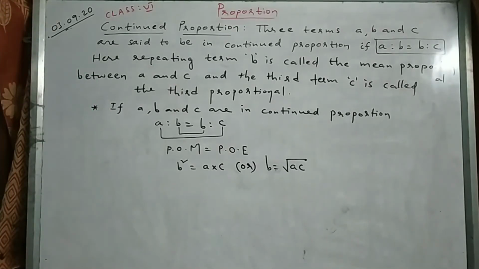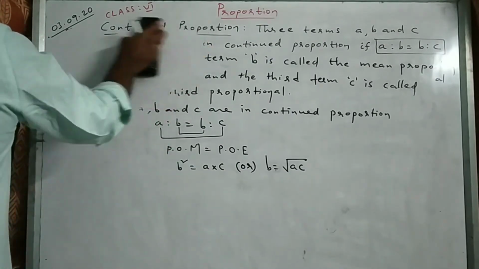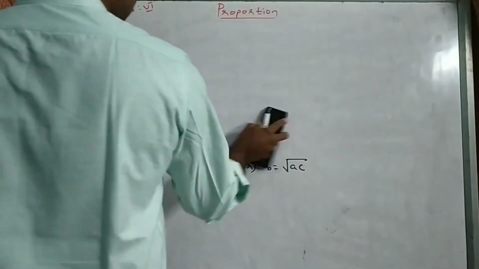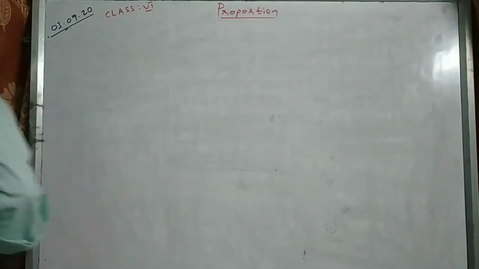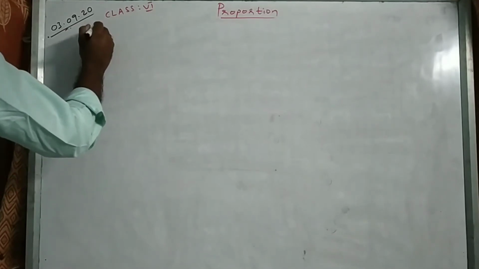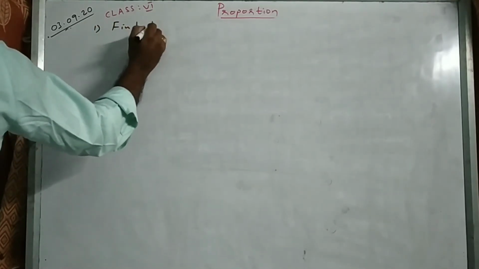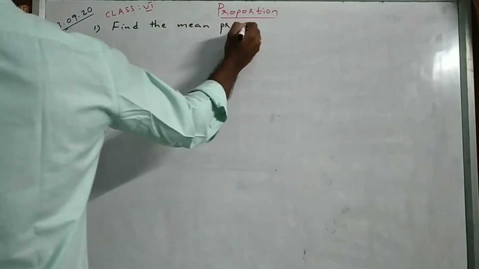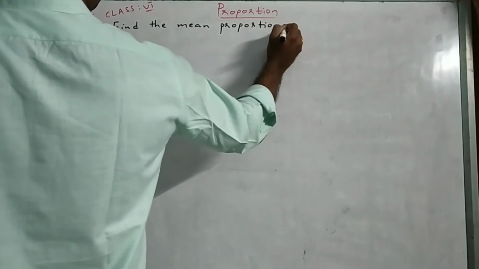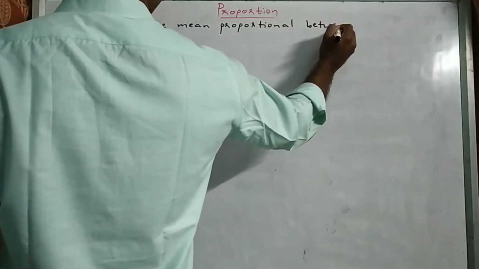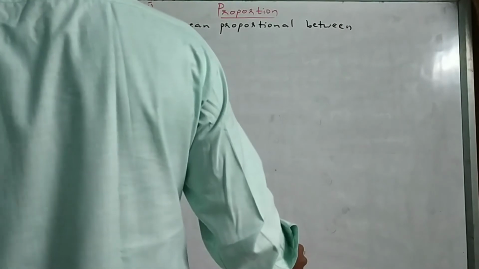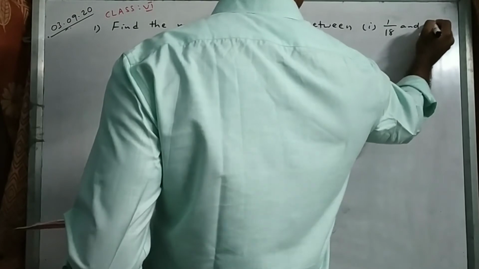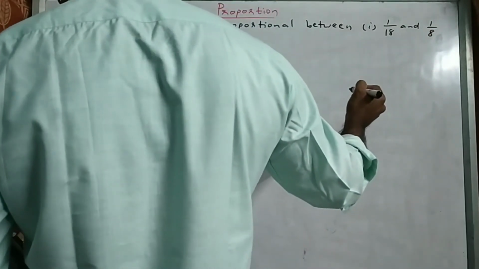Find the mean proportional between 1 by 18 and 1 by 8.